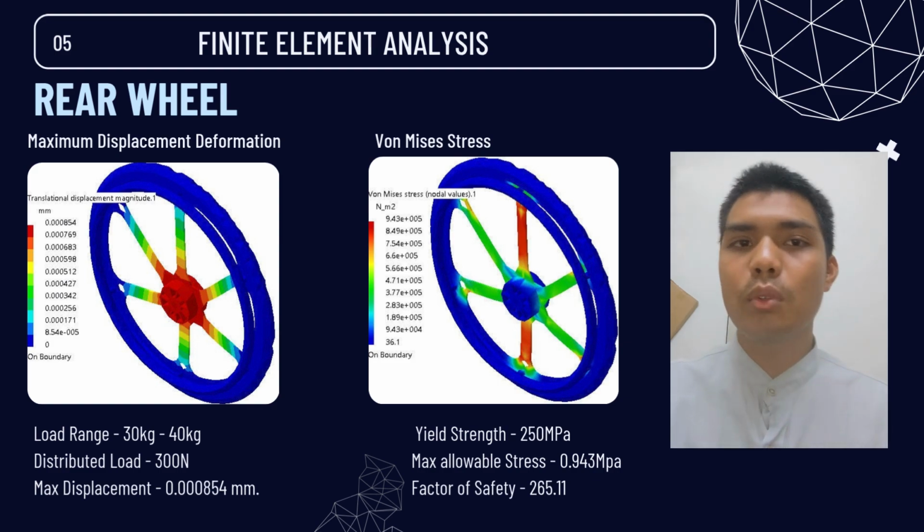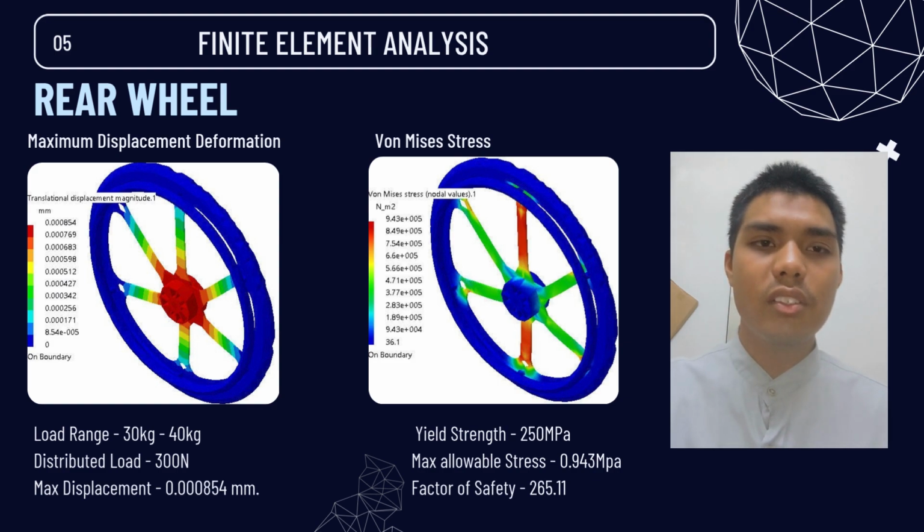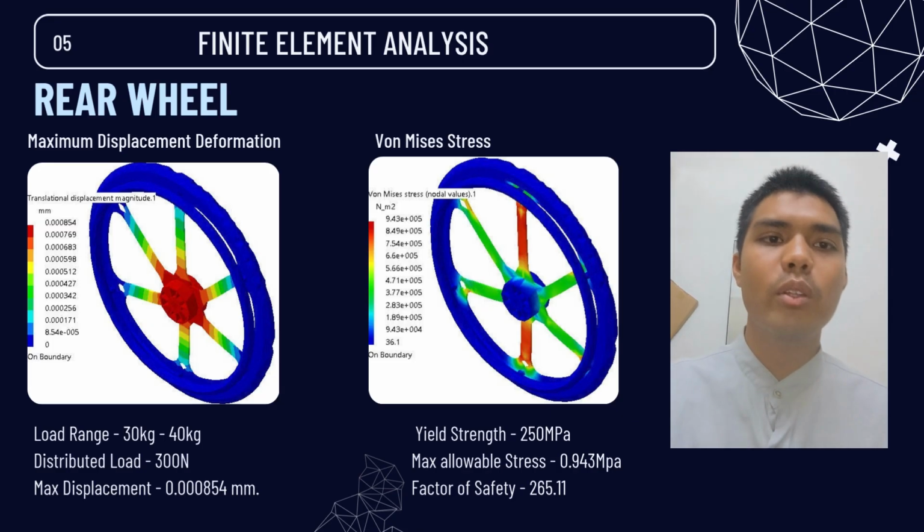We divide the yield strength by the max allowable stress, and we get the value 265.11. The factor of safety of the rear wheels is over 1, which means the design is acceptable. If the factor of safety is less than 1, it means there is some permanent deformation, which means the design is not acceptable.